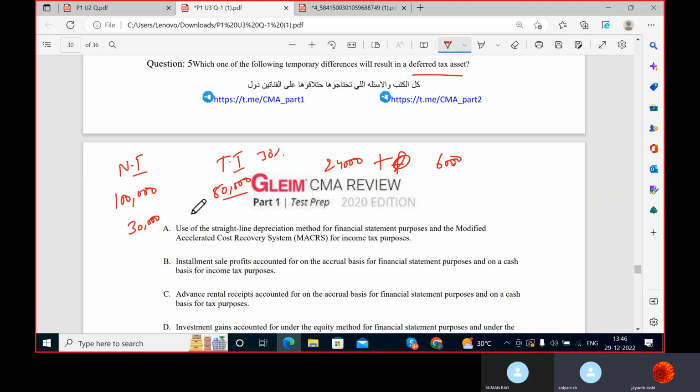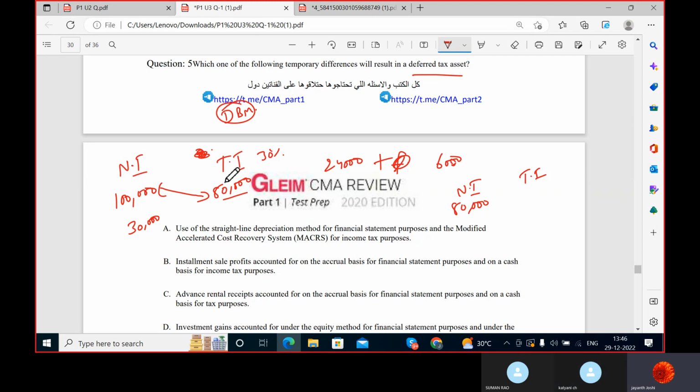Vice versa, if it is 80,000 here and 100,000 there. These two will differ because you are recognizing something beforehand in financial reports or afterwards in tax returns. Maybe because of some reasons you are using the diminishing balance method here, so this has got reduced.